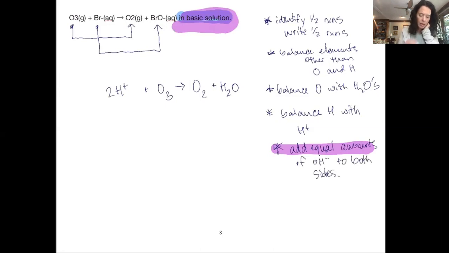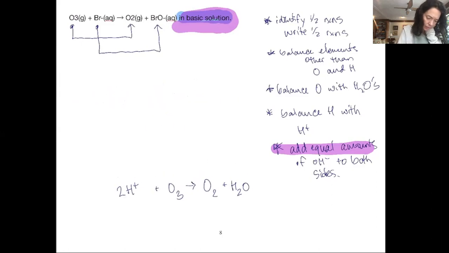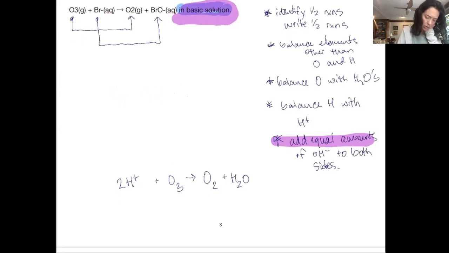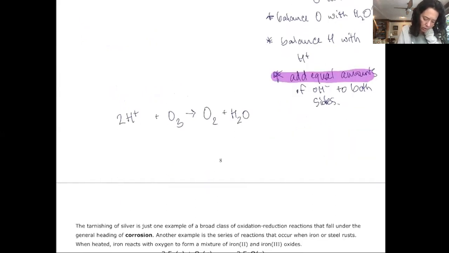All right. What that means is because I added 2 hydrogens, I need to also add 2 hydroxides to both sides. Let me get my pen. To both sides.